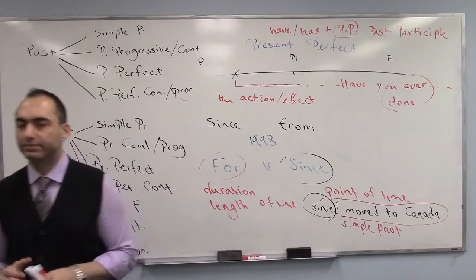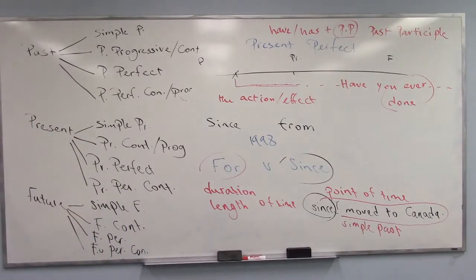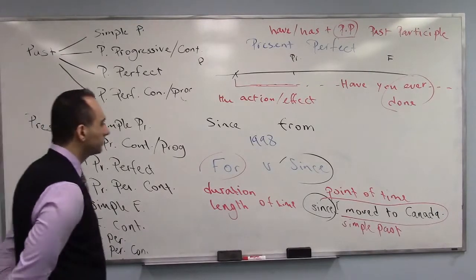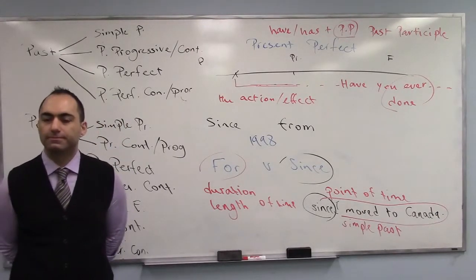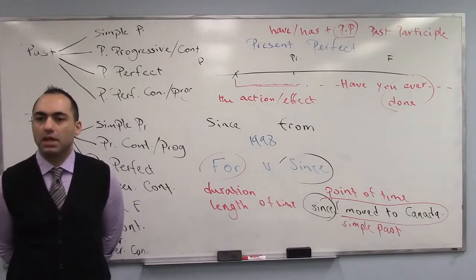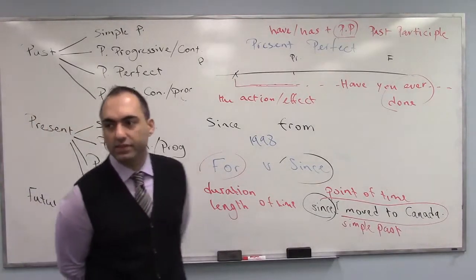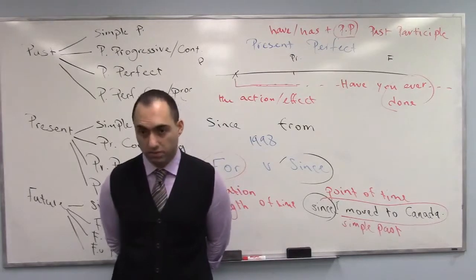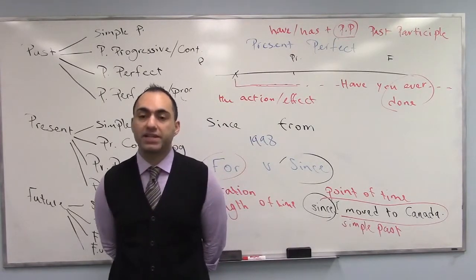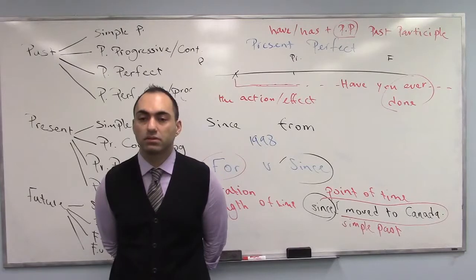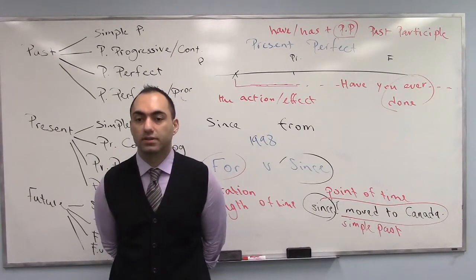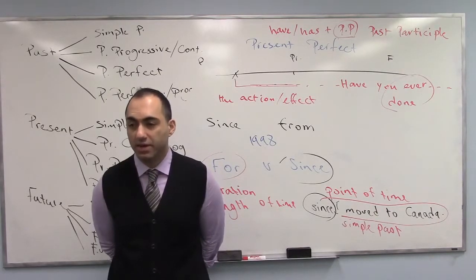What's the difference? I have lived here since 1998. Can I say I have lived here from 1998? I have lived here from 1998. Is it possible? Why not?